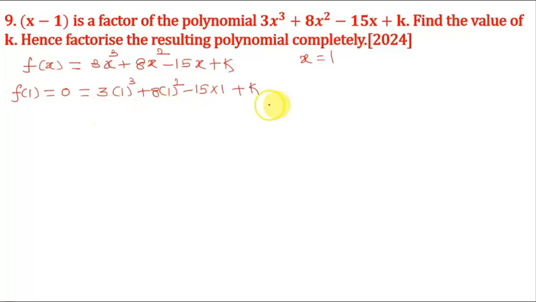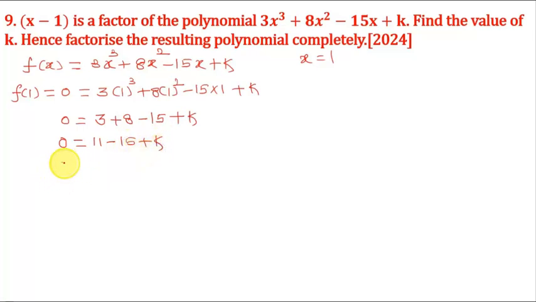Okay. If we simplify this, therefore 0 is equals to 1 cube is 1, 1 into 3 is 3, 1 square is 1, 1 into 8 is 8, minus 15 plus k. Next simplification, that is 11 minus 15 plus k.